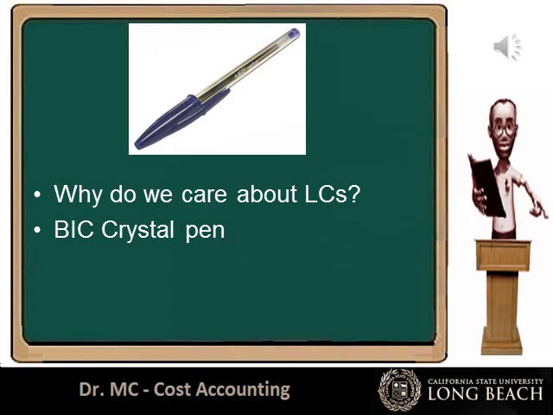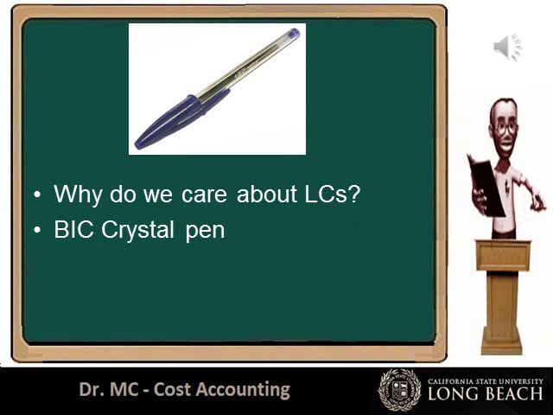Bic understood the learning curve, and it knew that as it made more pens, the manufacturing cost of each pen would drop. Bic, therefore, offered the Bic Crystal ballpoint pen at a price of 10 cents, which was below its then manufacturing cost. Bic correctly assumed that the lower price would result in more sales.